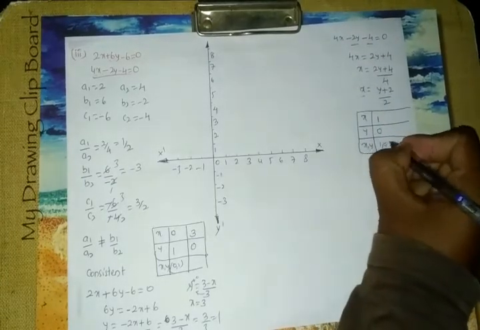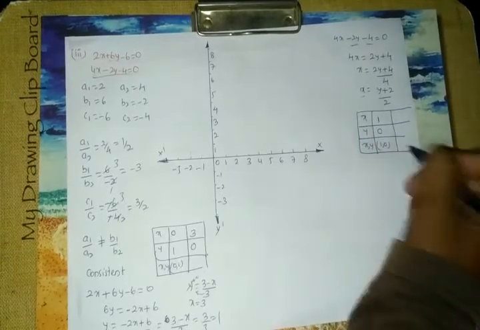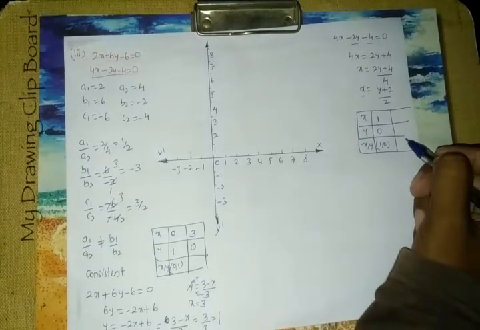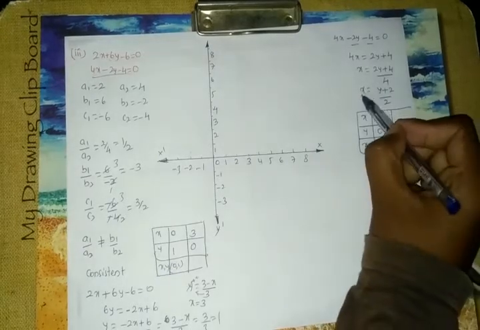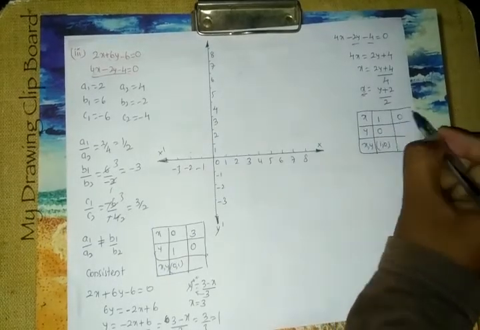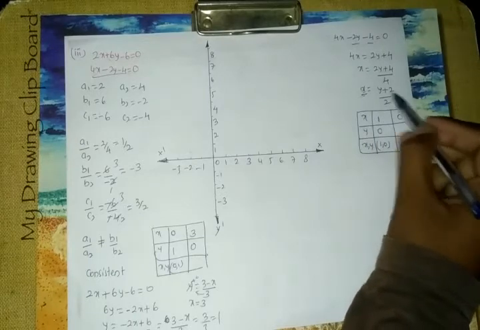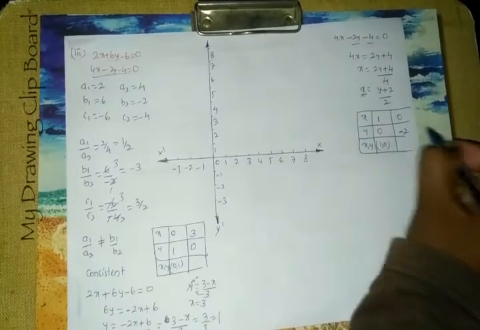So I get the point 1 comma 0. Now one more point, let me put the value of x as 0. So when I put x as 0, I will get the value of y as minus 2.